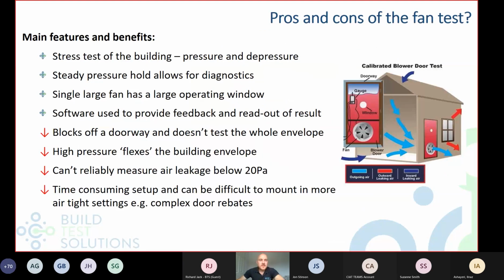I often describe the fan test as a very useful stress test of the building. So clearly you can pressurize and depressurize by turning the fan around, basically. Depressurizing, you're pulling window seals in, pulling the loft hatch down.